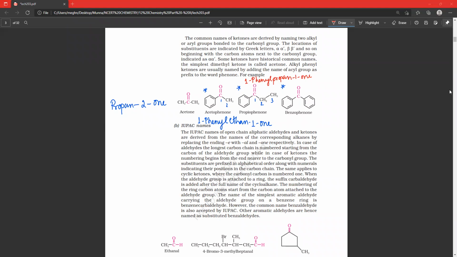Now, benzophenone, children check, there is only one carbon atom which is out of the ring. With that one, 2 benzene rings are attached. So how am I going to write this one? 1, 1-diphenyl, di or bi both are right. Generally we write bi. Sorry, again I have written bi, it's di.